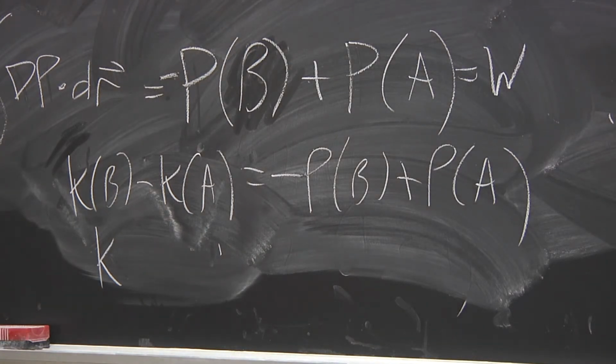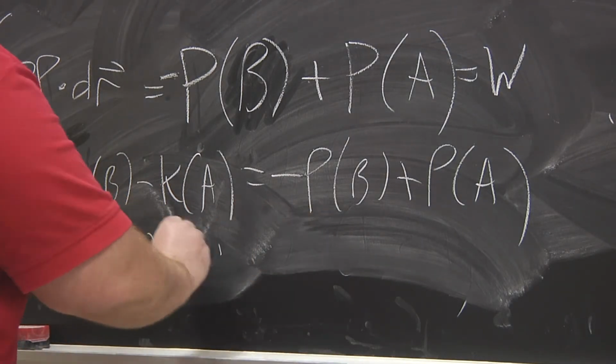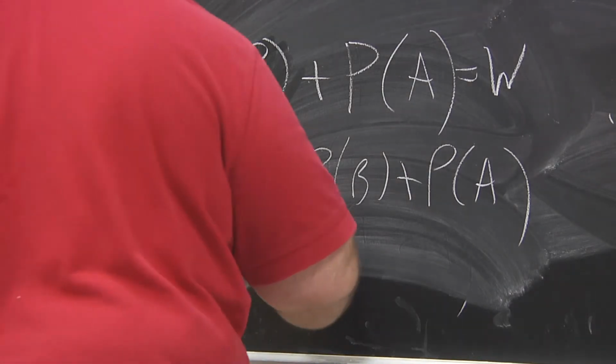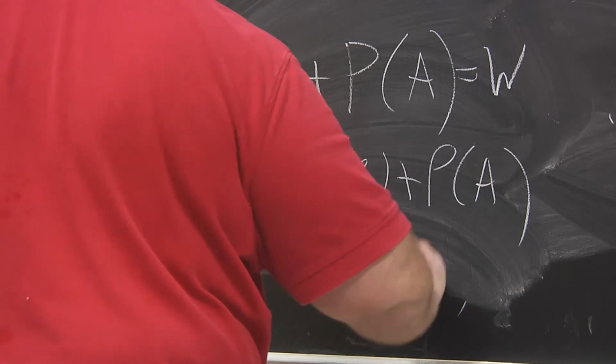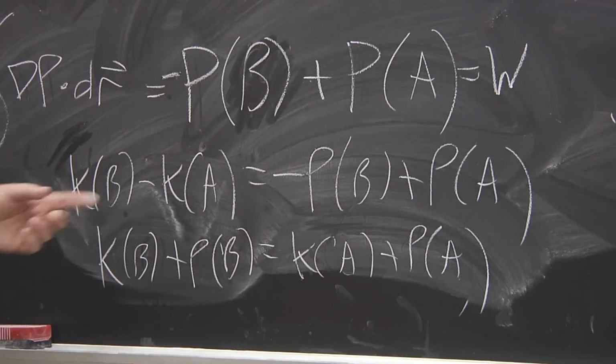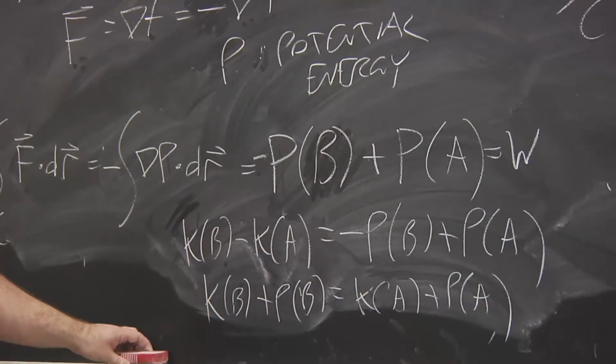So if I rearrange, I get the kinetic at B plus the potential at B is equal to the kinetic at A plus the potential at A. So the total energy, kinetic plus potential, is the same at both points.